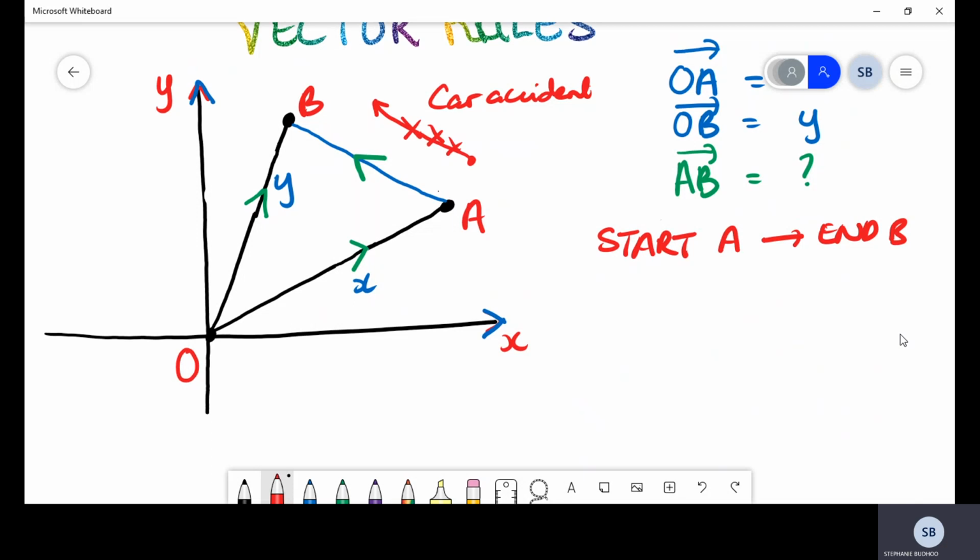For example, if I were to start at point A and then move towards point O, that's one vector in that direction, from A towards O. Because we want to reach the point B, we cannot stop here.